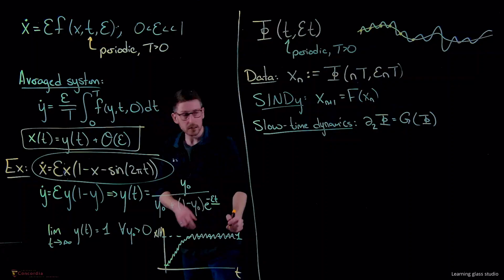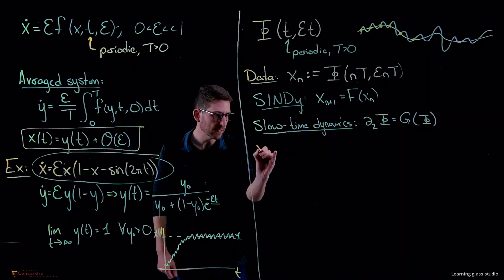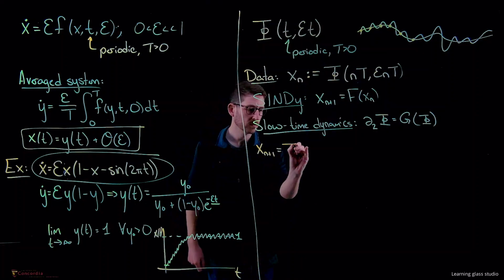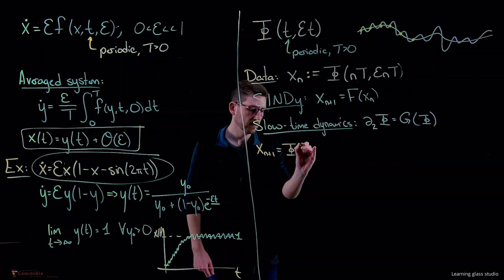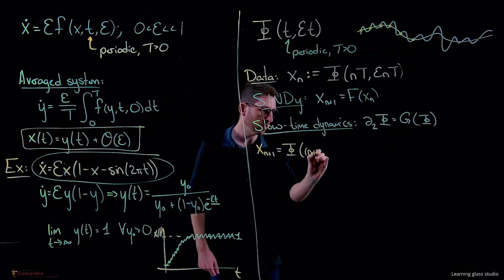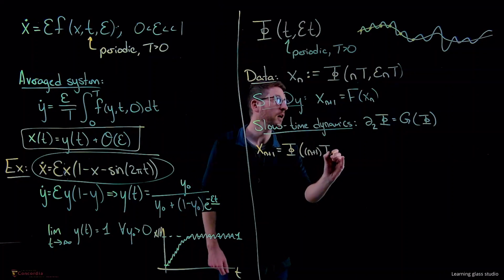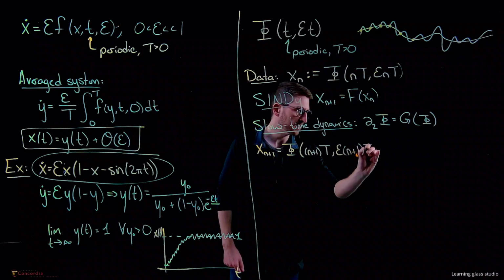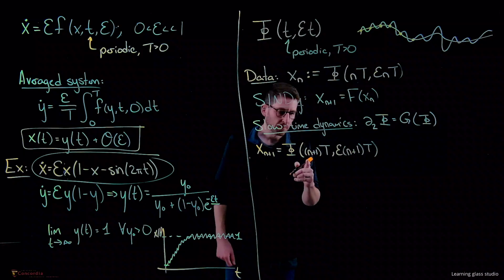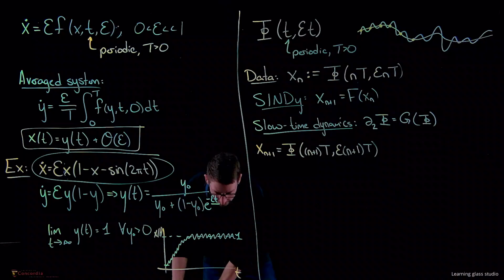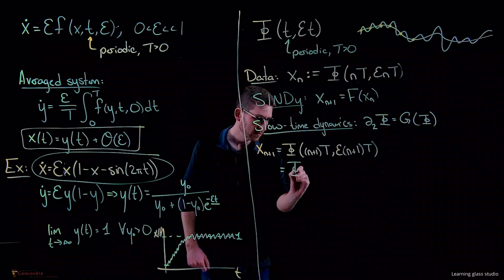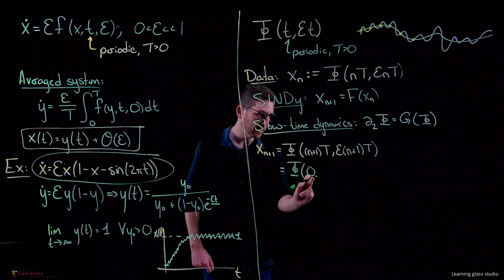Well, we can play a little game. We could say that xn plus 1 is just phi of n plus 1 times t, comma, epsilon n plus 1 times capital T. But because we're periodic here, this is the same as putting a 0 in here, right?